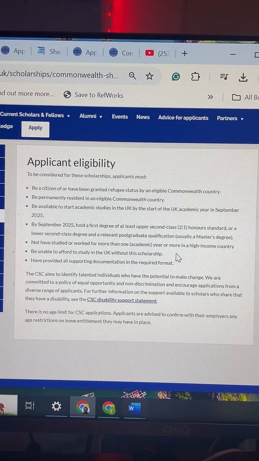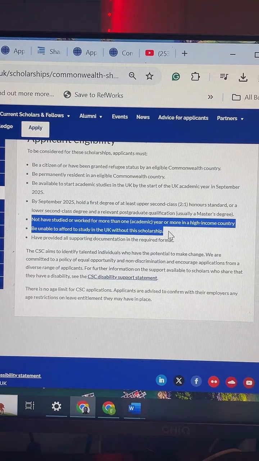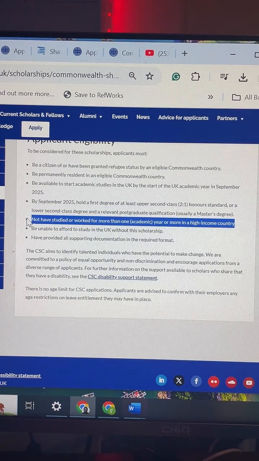If you have a first class, that is great. A lot of people are going to be applying for the scholarship, so if you have a better grade and you're able to write out your essays well, it's going to position you quite well above any other person. And this is what we also need to take into consideration.